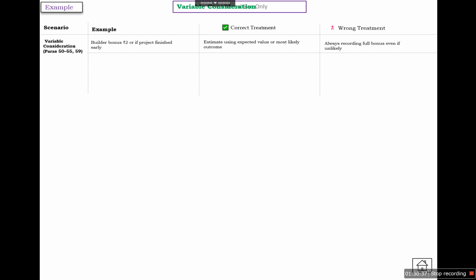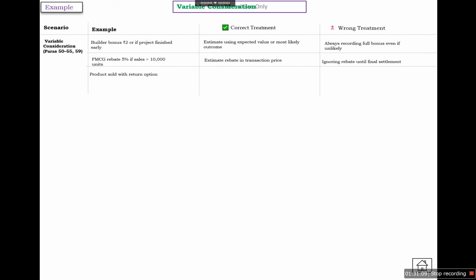It is a wrong treatment if we record the full bonus even if it is unlikely to be received. Next is an FMCG rebate of 5% if sales exceed 10,000 units. In this case also we need to estimate based on the two approaches we have discussed, expected value or most likely value, and accordingly recognize it. Ignoring the rebate is an incorrect treatment. So we need to book it on an estimate basis.